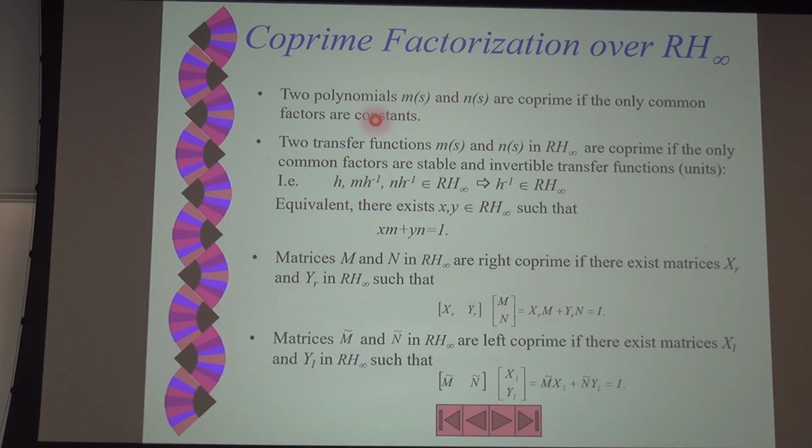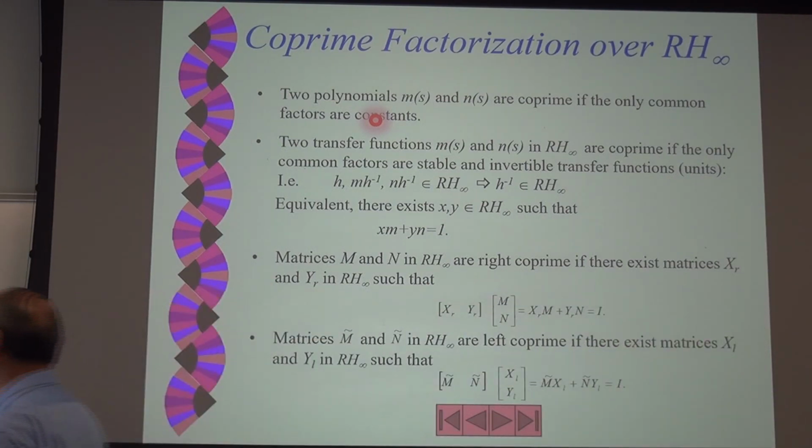On the other hand, to check whether M and N, which are transfer functions, are coprime or not, you look for two stable RH infinity transfer functions. Again, a polynomial is not in RH infinity.